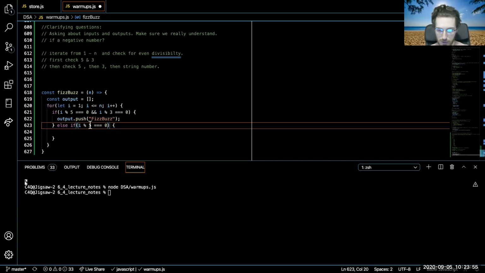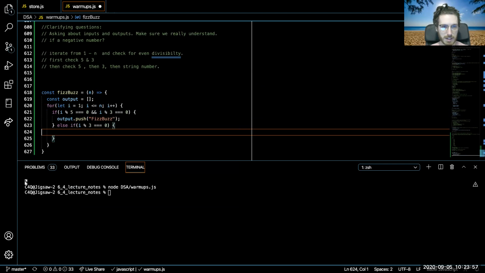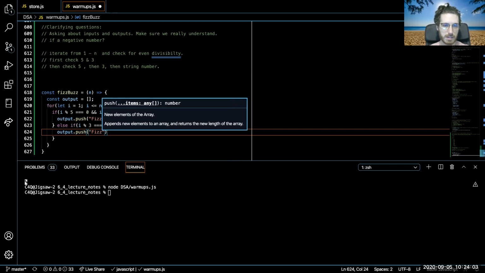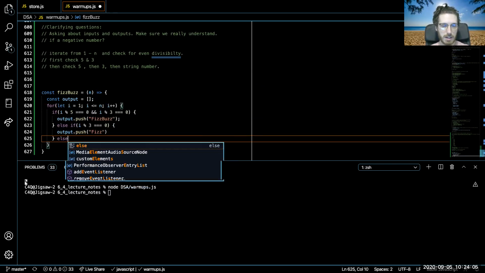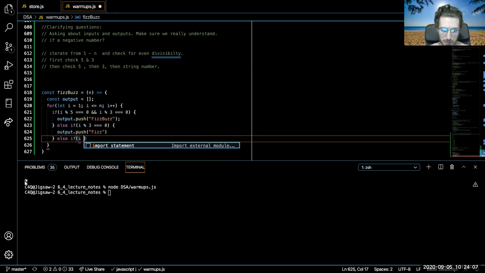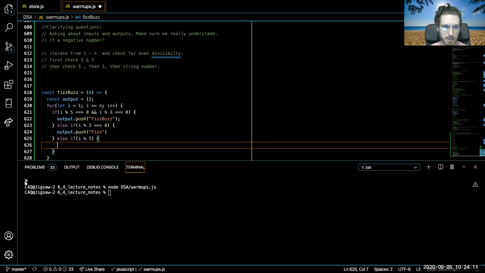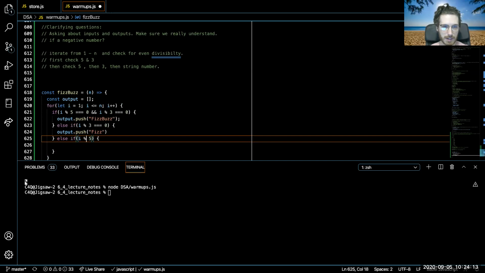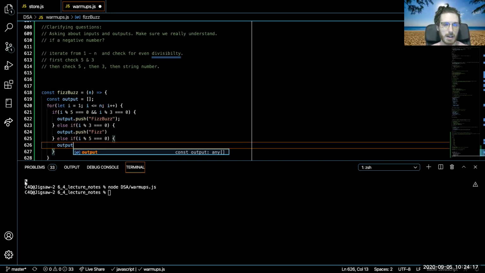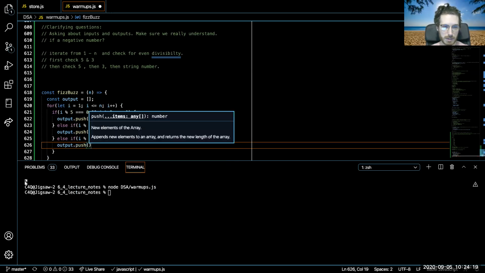I'll do 3 first because then it will read a little bit nicer. So we'll do output dot push Fizz. And then it's the same code again for 5. Made a little mistake there. Output dot push, and we'll say Buzz.